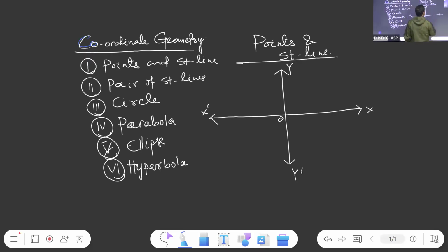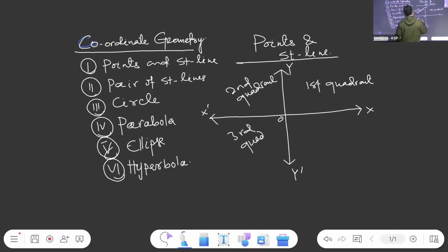Each region is called a quadrant. This is called the first quadrant, second quadrant, third quadrant, and this one is the fourth quadrant.